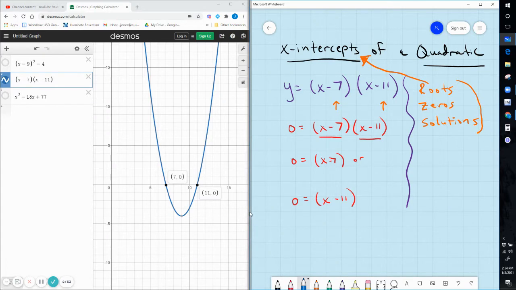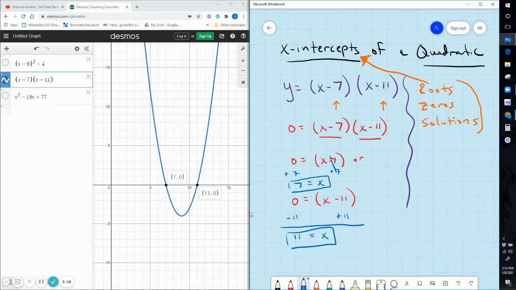and then go back up and talk about how the answer was super easy. So to get the answer here, we just add 7 to both sides. This cancels. And we're left with 7 equals x, or x equals 7. To get x by itself on the bottom one, we just add 11 to both sides of the equation, right? And we get 11 equals x. So we have two answers.